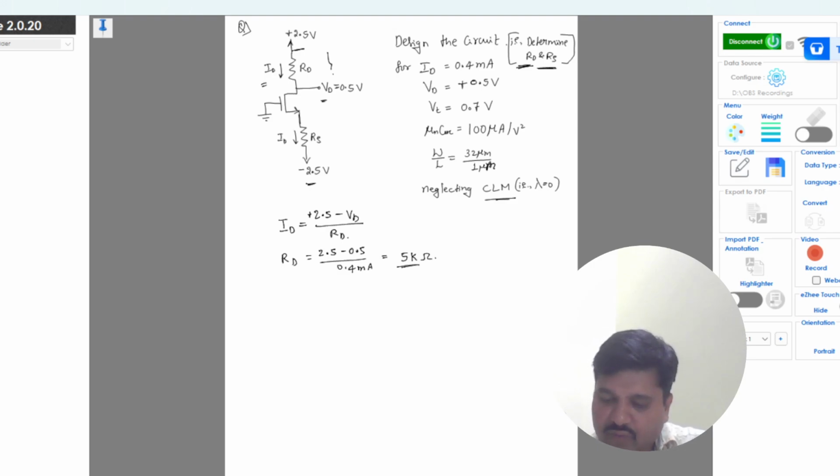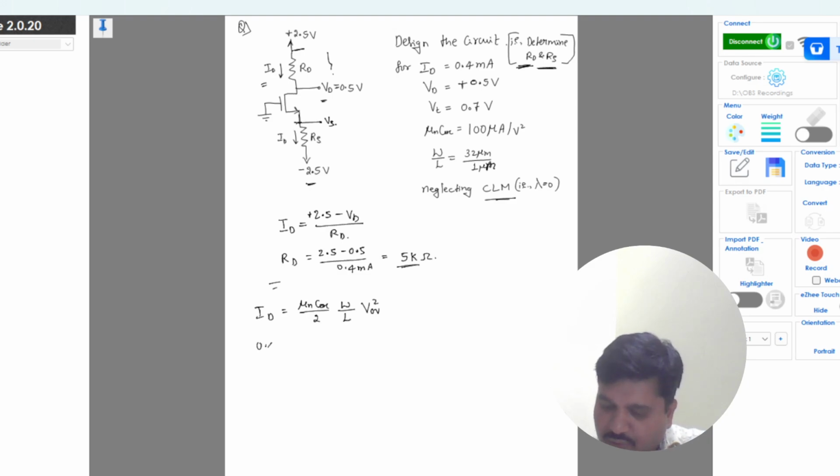Now to find RS, we need a similar method. For that we need to find the source voltage. Assuming the transistor is operating in the saturation region, ID is equal to mu n Cox by 2 times W by L times VOV whole square.